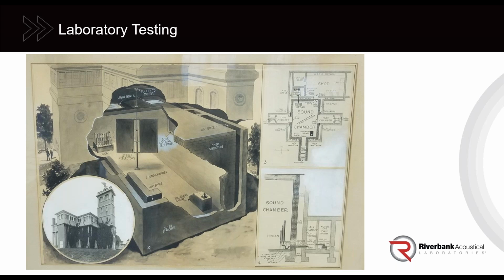So this rendering you see here was a rendering from the 1920s, early in the lab's history. It's really cool. It shows how the main chamber was isolated, the massive walls, room within a room design, to control outside noise from penetrating into the chamber.